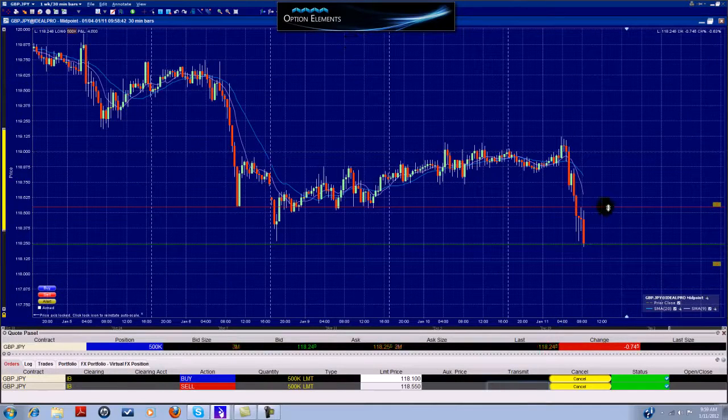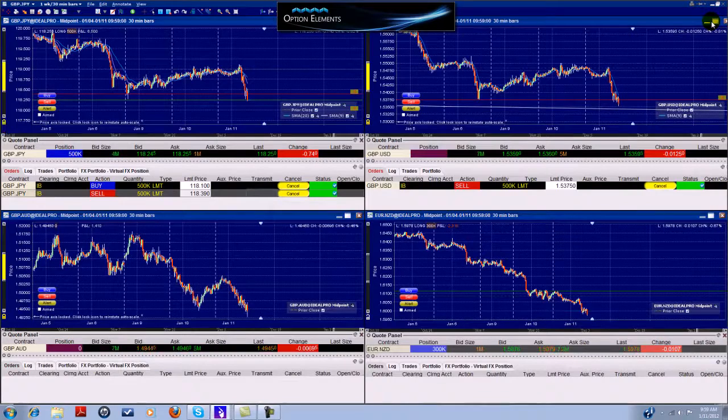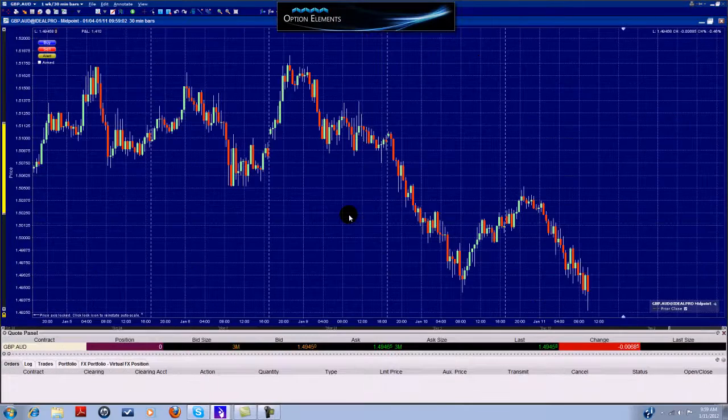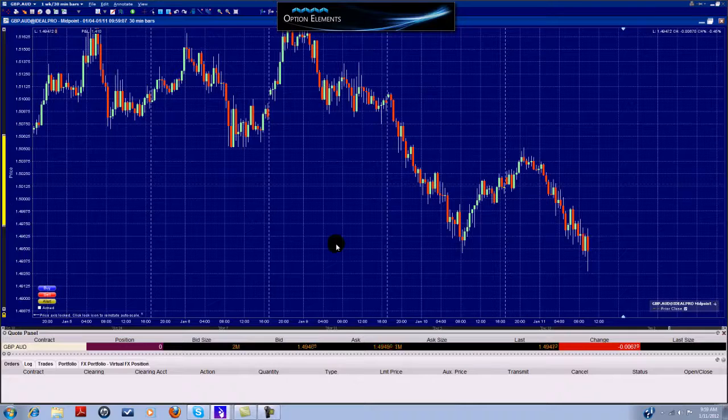That reminds me, I need to bring my sell order down. Okay, we have that set. Okay, there we are. Take another look here. The GBP AUD, which is our Australian dollar. Yeah, I think I might like to sell some more of this a little higher.